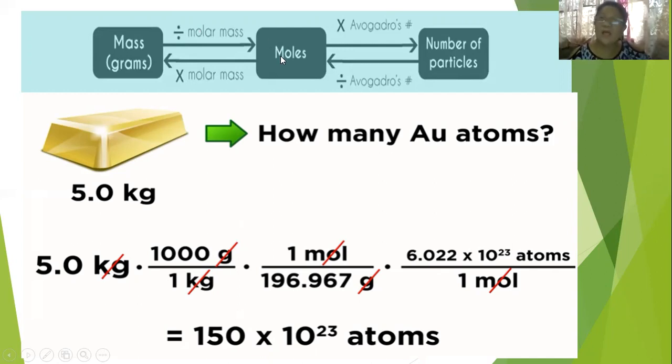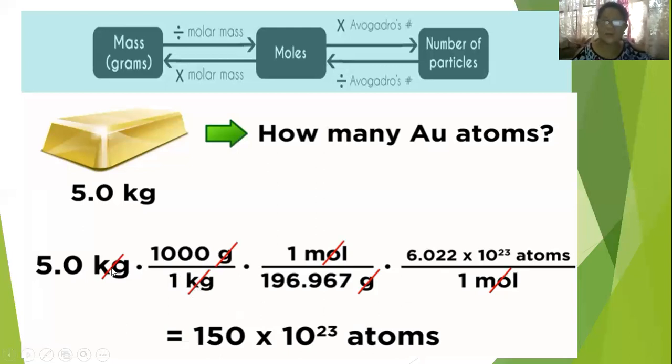Then moles to atoms or molecules, multiply it with the Avogadro's number of 6.022 times 10 to the power of 23, either atoms or molecules. So let us start with the problem. Okay, the first thing that we should do is convert 5 kilograms. As I have said, the unit of mass here should be in terms of gram. We already know that in 1 kilogram, that is 1,000 grams.